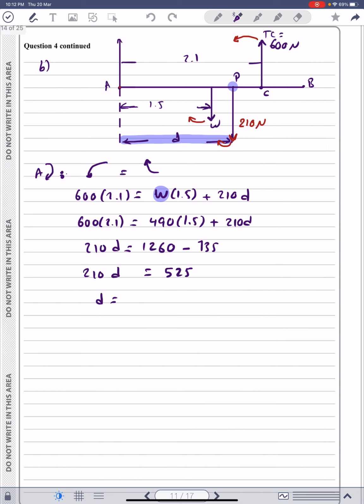Dividing by 210, you will get 2.5 meters from A. So D is 2.5 meters from A.